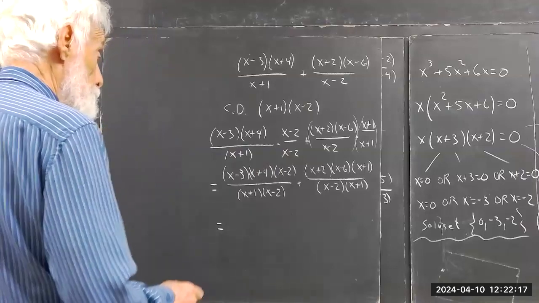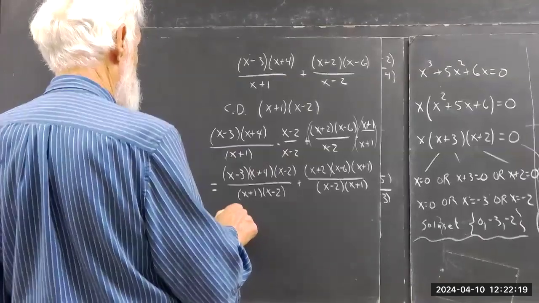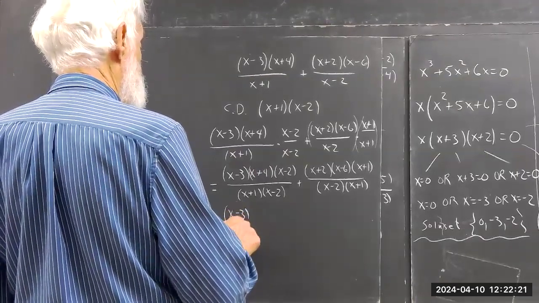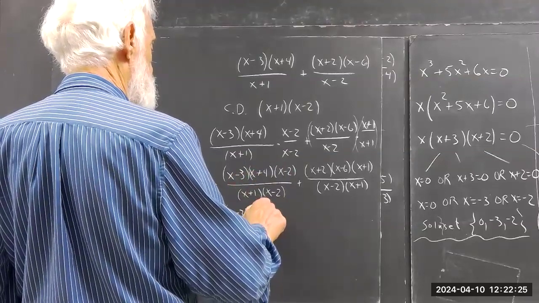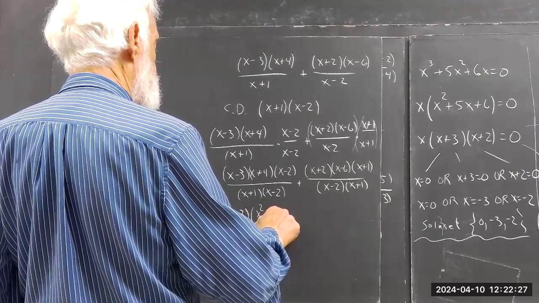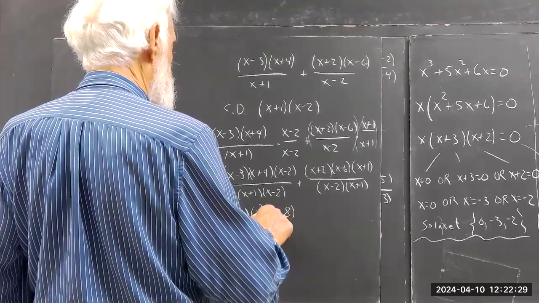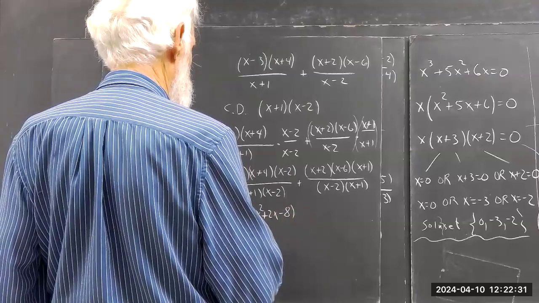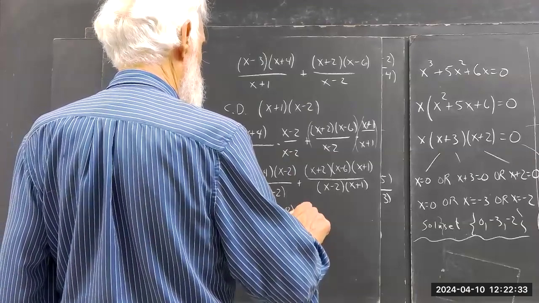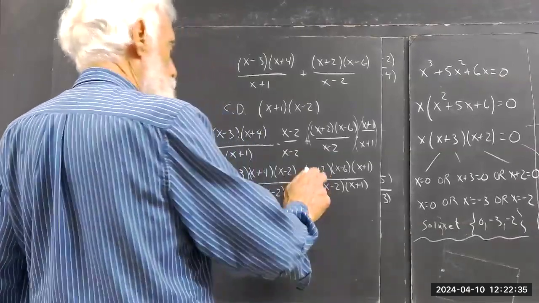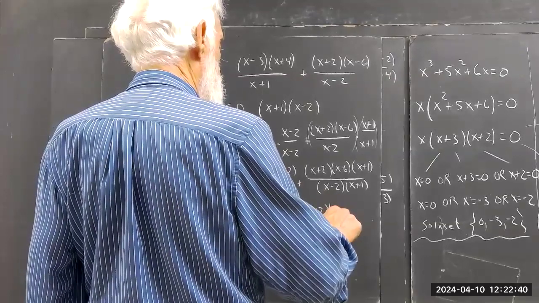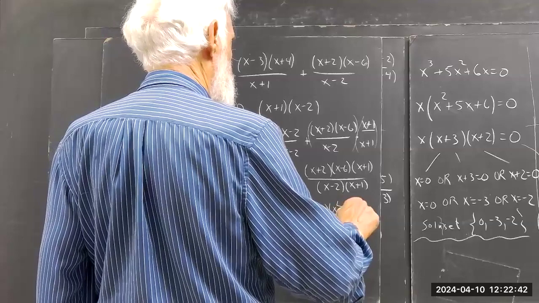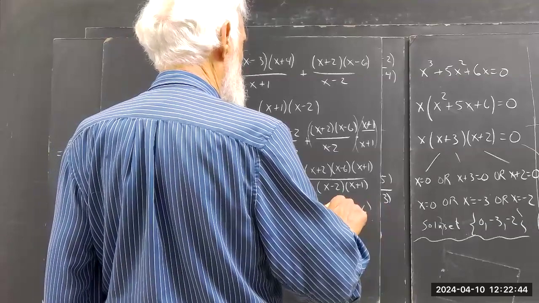Multiply out our numerator, I'm just going to do it like this. We do x minus 3 and use the distributive law to multiply x plus 4 by x minus 2. And here we're going to have x plus 2 times x squared minus 5x minus 6.